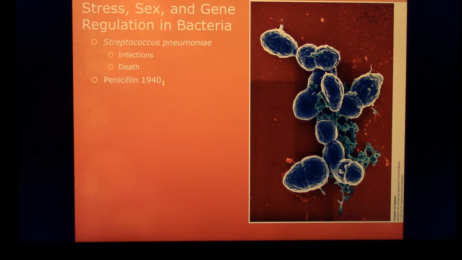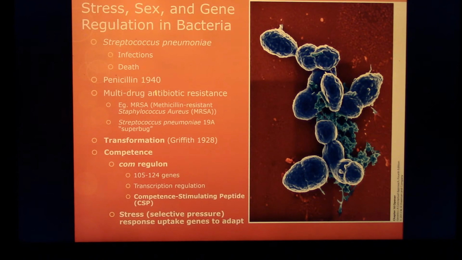And so penicillin is actually made by fungi and was used in treating World War II folk, so they didn't lose their limbs as frequently as people in World War I. But, you know, we got a whole bunch of other antibiotics after that.